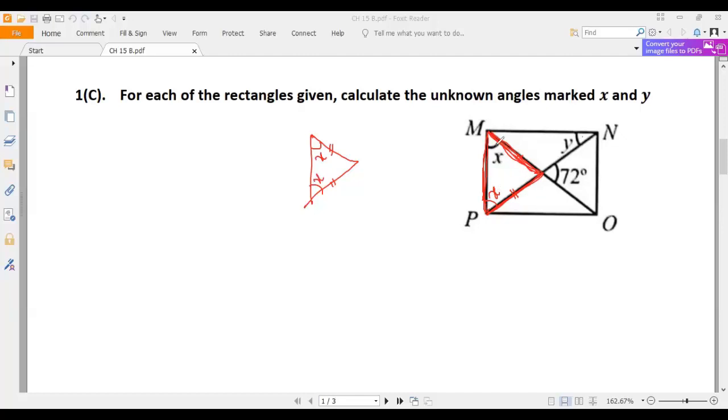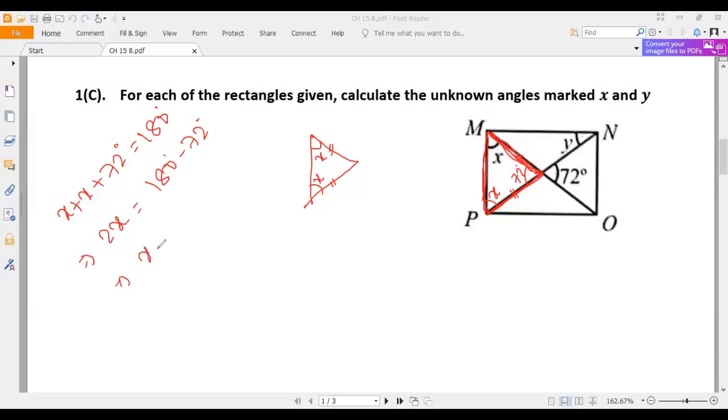Simple. Okay, and if this one is 72, it must be 72. Why? Vertically opposite angle. Then can I say x plus 72 degree will make 180 degree. Then 2x should be 180 degree minus 72.